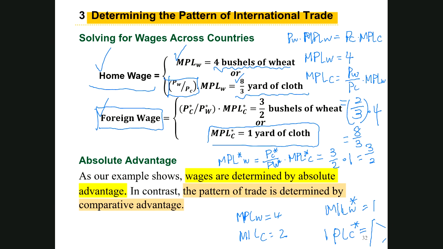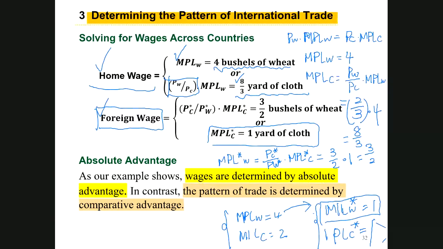If you only take a look at those two terms, the home country's productivity is higher than the productivity per labor in a foreign country in both of the industries. So that's the reason why it says the comparative advantage determines the pattern of the trade. However, the absolute advantage of the country determines the wage, the return of the factor.